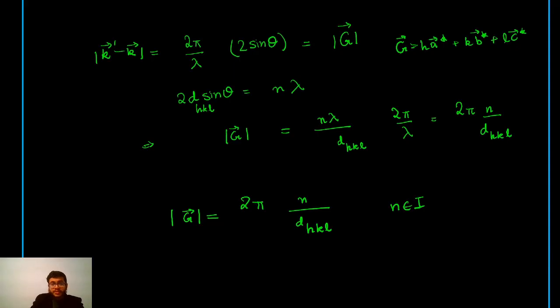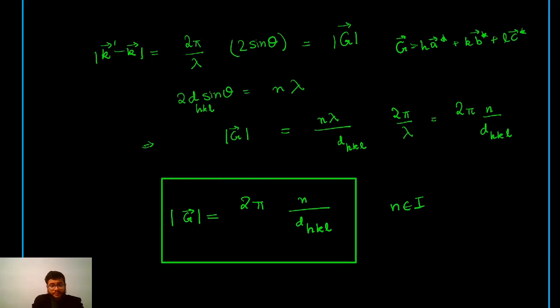So this is an important relation. It tells you that the g vector is quantized, and it can only take integral multiples of 2 pi by d_hkl.